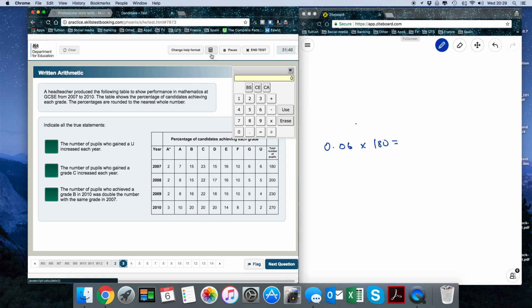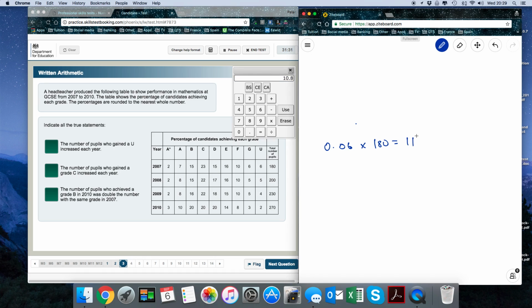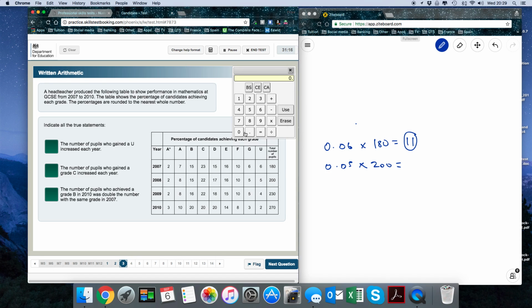So we'll grab the calculator, 0.06 times 180. You can't have 0.8 of a person, so we'd round that up. That's 11 pupils got a U in 2007. Okay, so we move on to 2008. It's 5% of 200. So we'll pop that in our calculator. Notice that we're using the calculator as much as we can.